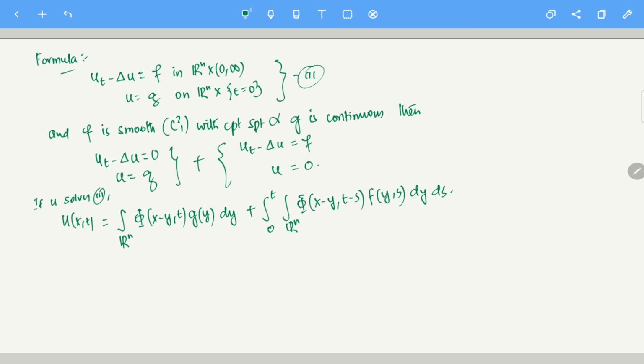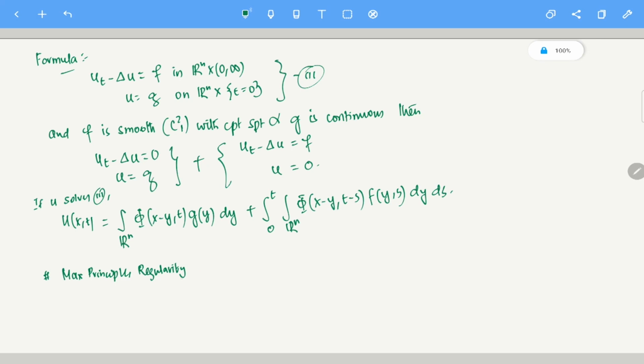In the next lecture, next week, we are going to end the heat equation part by looking at the maximum principle and regularity of solutions.